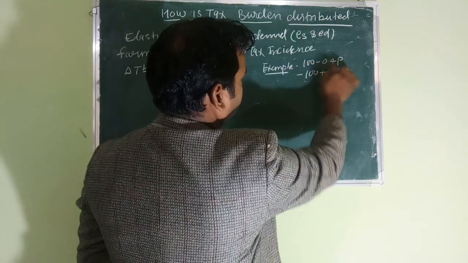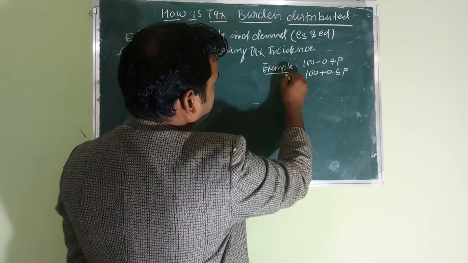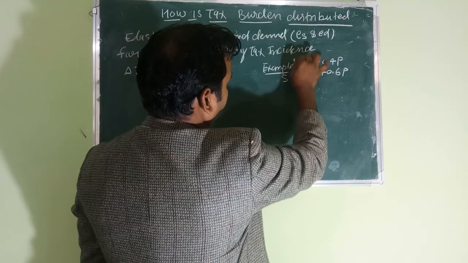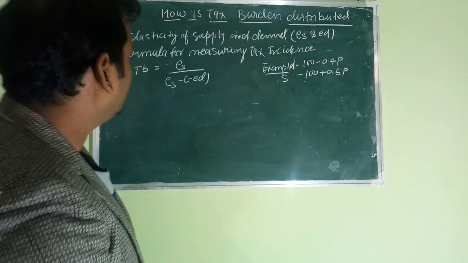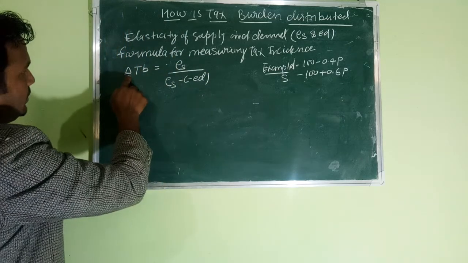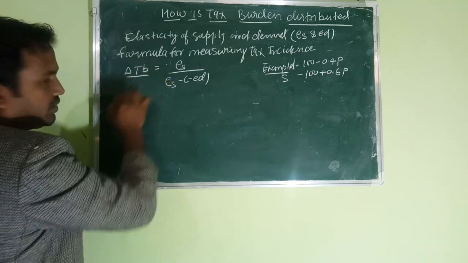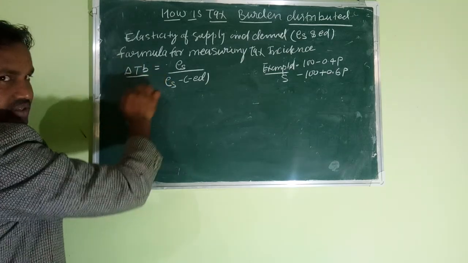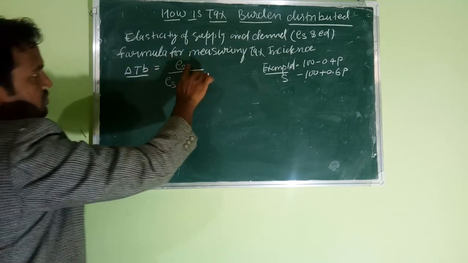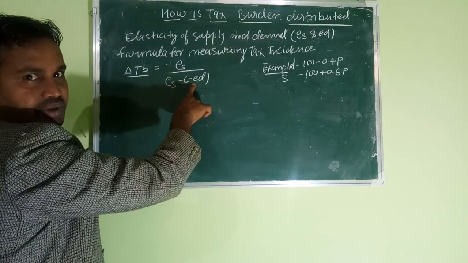Take an example: 100 minus 10 0.4p, and minus 100 plus 0.8. It is a supply function, and a demand function is given. Then the formula: how we can find the share of the buyer is equal to elasticity of supply upon elasticity of supply minus elasticity of demand.